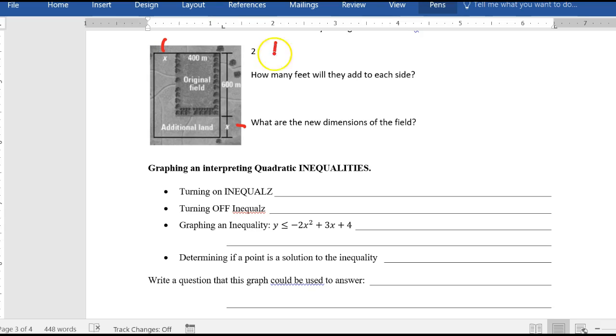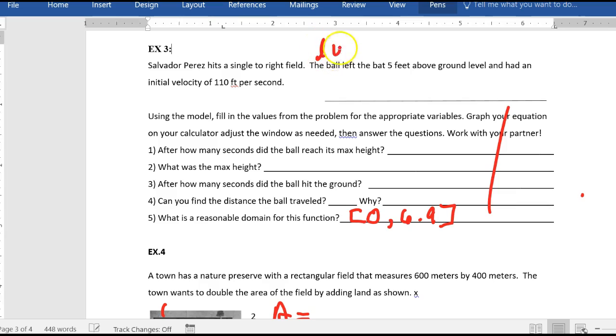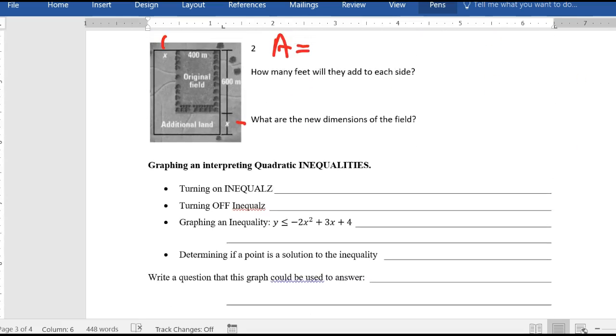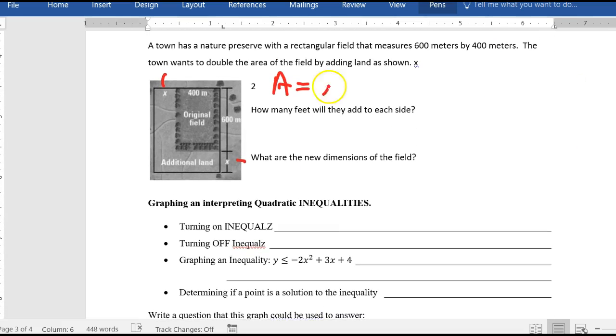So the original area of the field is length times width. Oh, I'm sorry, my screen jumped there. See if I can get this back. Area is length times width, and the original length and width are 600 times 400, which is 24,000.